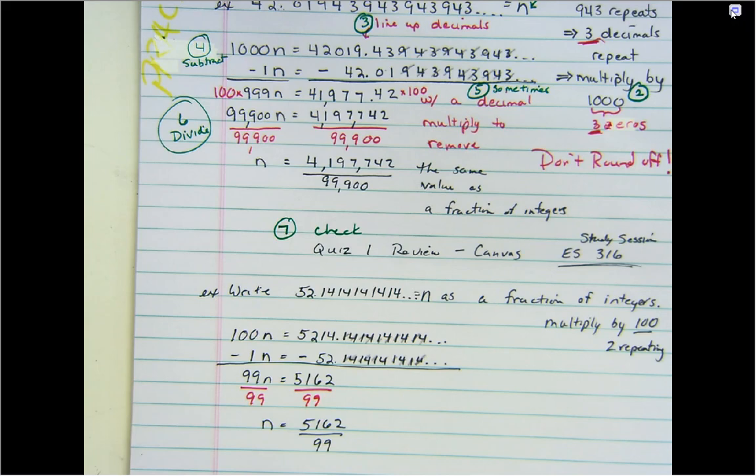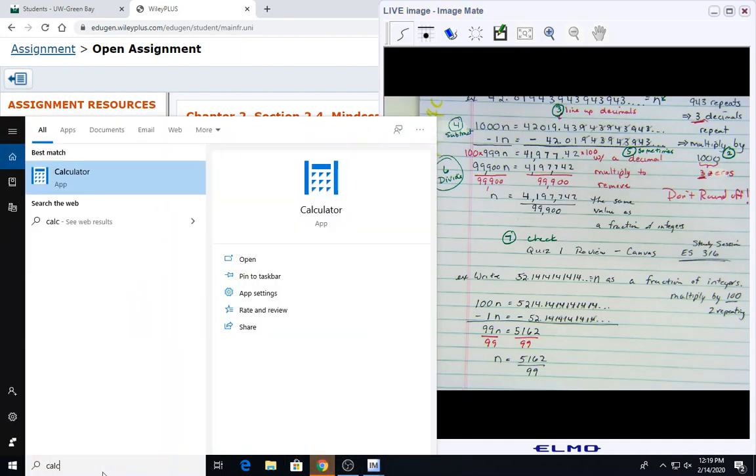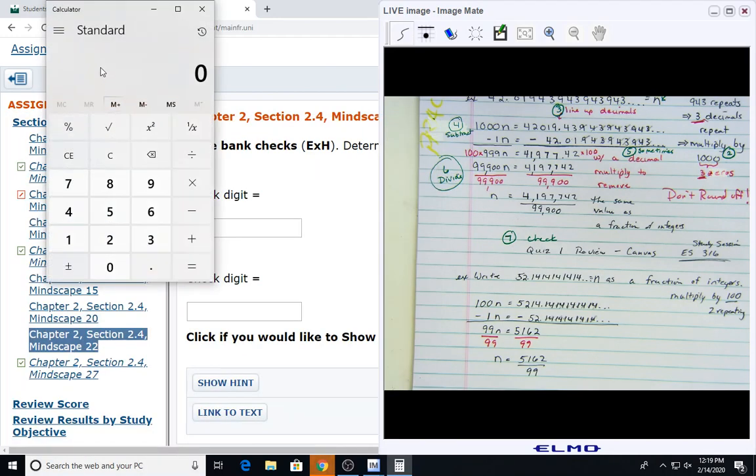And last is to check to make sure 5,162 divided by 99 is the number that we had originally as a decimal. Where'd my calculator go? And there it is.